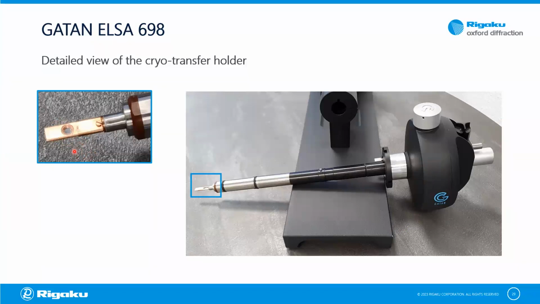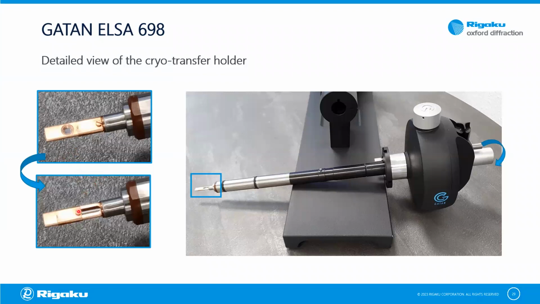And the way you prepare the sample here is that you freeze the grid with the sample in liquid nitrogen, or liquid ethane in the case of biological samples, and then insert this grid into the holder, which has also been pre-cooled. And one small but extremely important feature that this holder has is this tiny shutter mechanism.